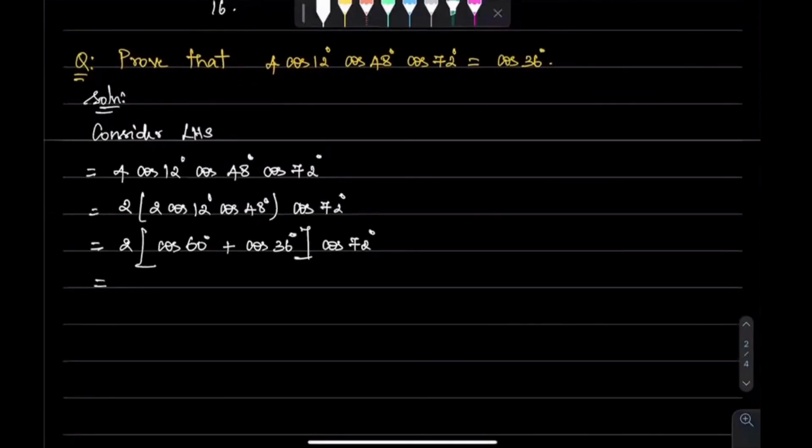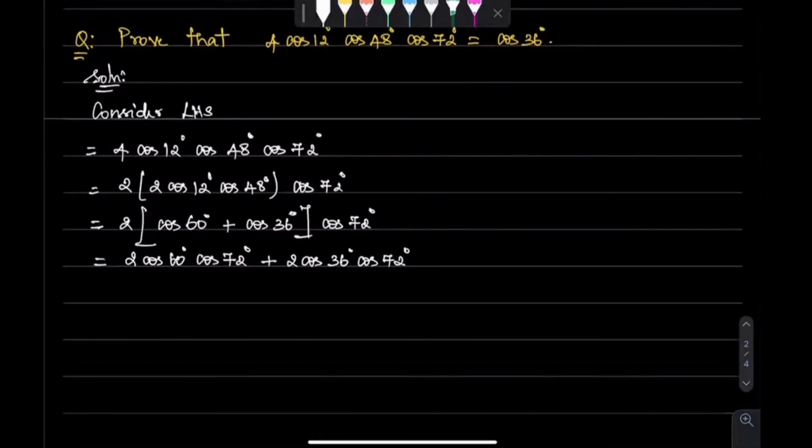Now what do I get here? If I simplify this, I get 2 cos 60 degree cos 72 degree, plus 2 cos, what do I have here? Into cos 72 degree. So what is the best I can do here?